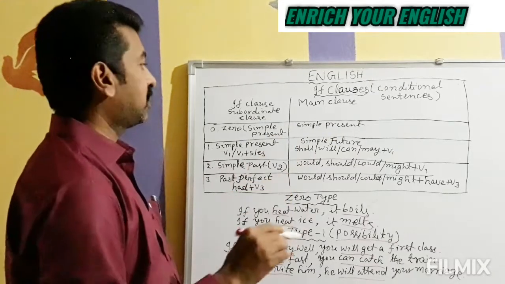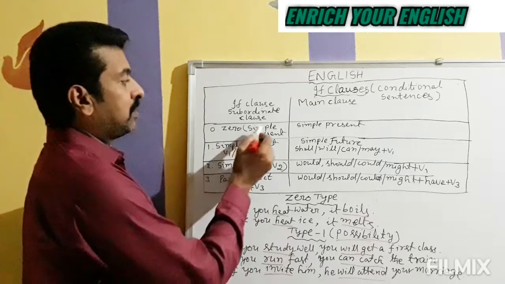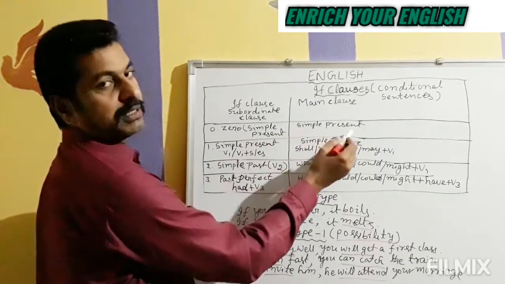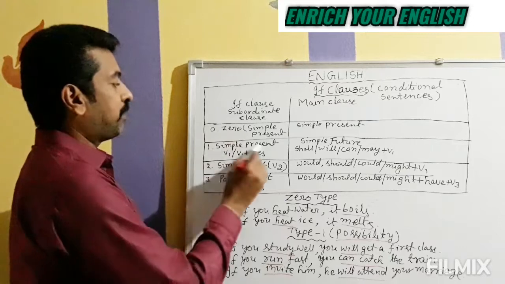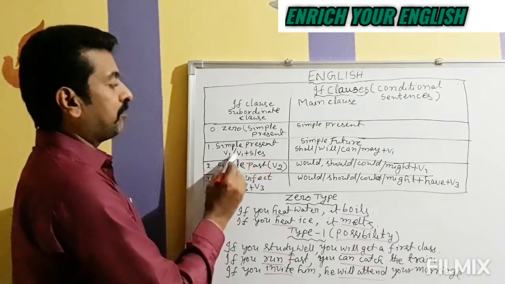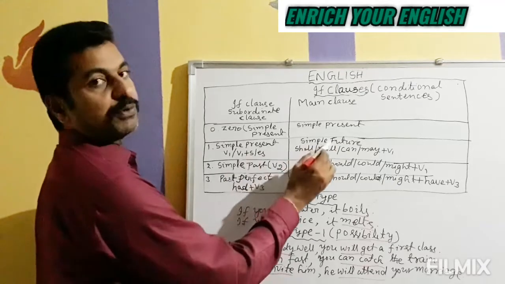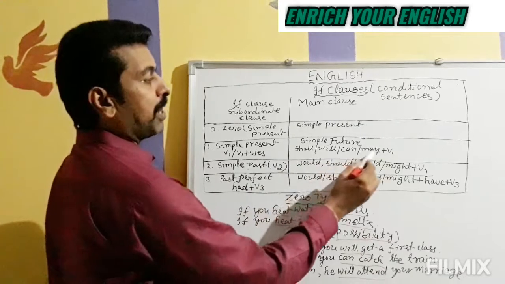Now let us learn. The first one is zero type. In zero type, the subordinate clause is simple present and the main clause is simple present. Type 1: simple present, here V1 or V1 plus S or ES, and the main clause has simple future: shall, will, can, may plus V1.